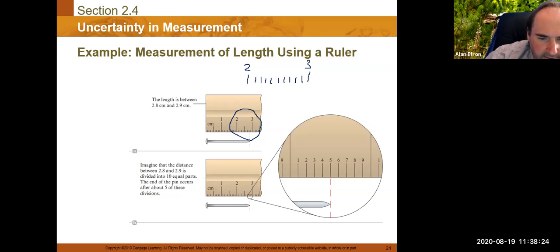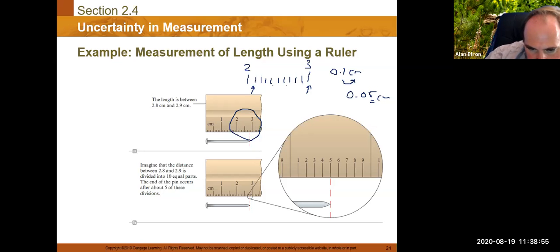We start here and count 1, 2, 3, 4, 5, 6, 7, 8, 9, and 10, and end at the next big number. So that's how we get our 10 markings. We don't include this one here. And as we saw before, since there are 10 markings between basically 1 centimeter, each of these is 0.1 centimeters, which means on this particular measurement, you should be able to go to the second decimal place here.